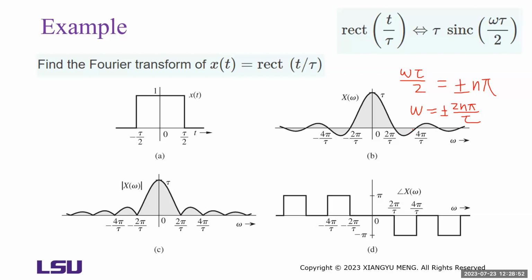We use this observation to plot the amplitude spectrum of X omega and the phase spectrum. So wherever the function value is negative, when omega is positive, the phase is negative pi. When omega is negative, the phase is pi, so as to make the phase spectrum an odd function of omega.